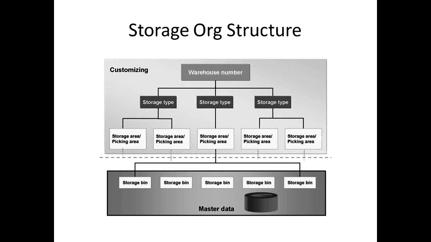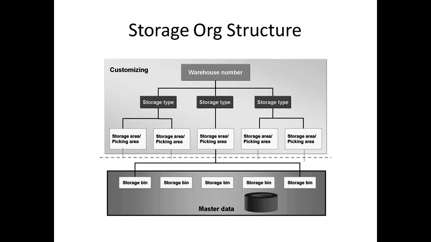So the warehouse number is subdivided into storage types, storage types are subdivided into storage sections, and storage sections are divided into storage bins. The storage bin is again subdivided into quants. A quant is the exact physical location of a material where it has been stored.